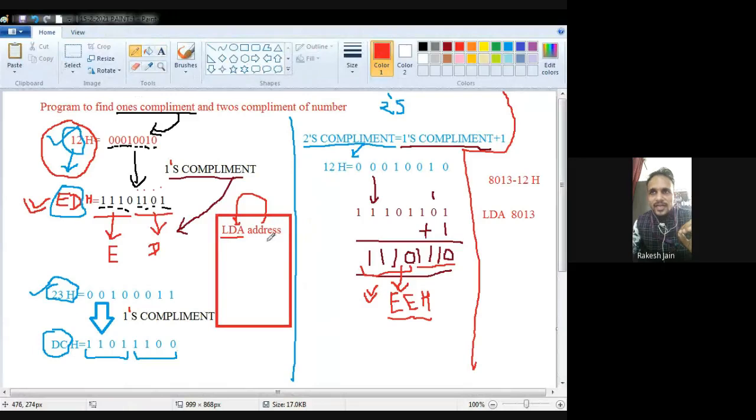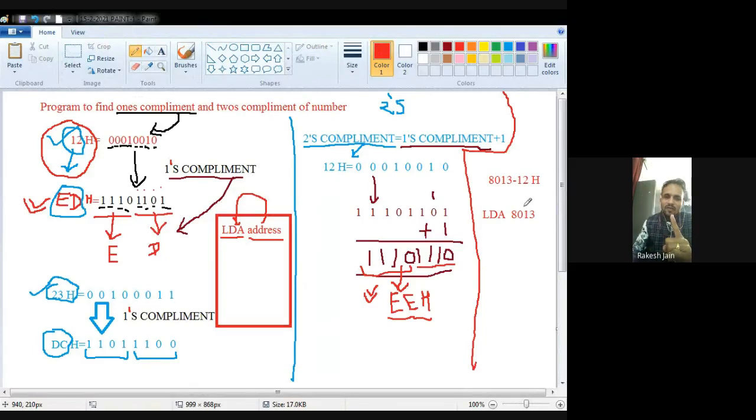What is the meaning of this instruction? I am going to show you the programming concept here. There is an instruction in microprocessor 8085 that is LDA address. What is the meaning of this?